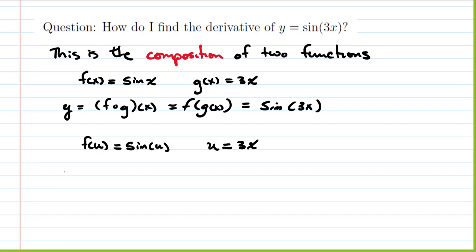So then notice y would still be equal to f circle u of x, right? It's just a different way to write these things out. It turns out that writing things like this will be helpful in what we're going to do next.